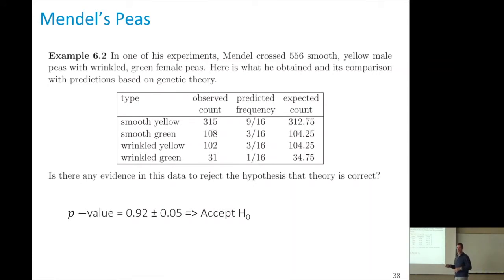You draw a number between 0 and 1. If the number is less than 9 over 16, you say it is this. If it is between 9 over 16 and 9 over 16 plus 3 over 16, you say it is that, etc. That's the CDF inversion formula that tells us how to generate a random variable that takes a finite set of choices. Then I do it n times, where n is the total, 556.